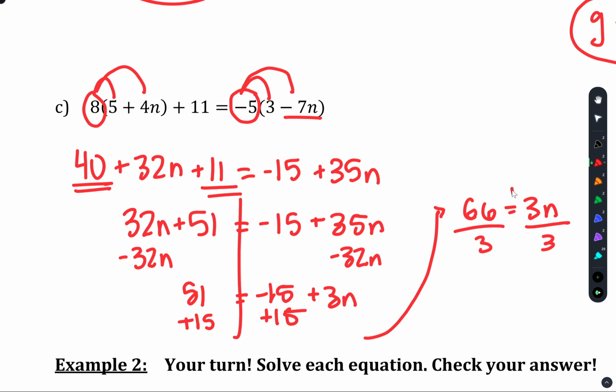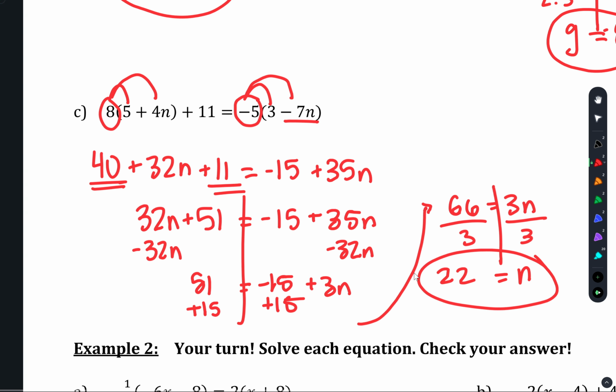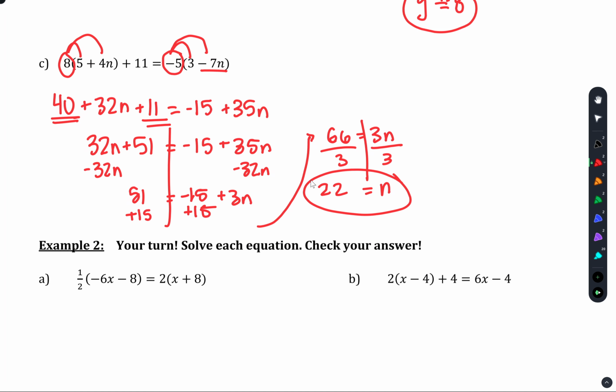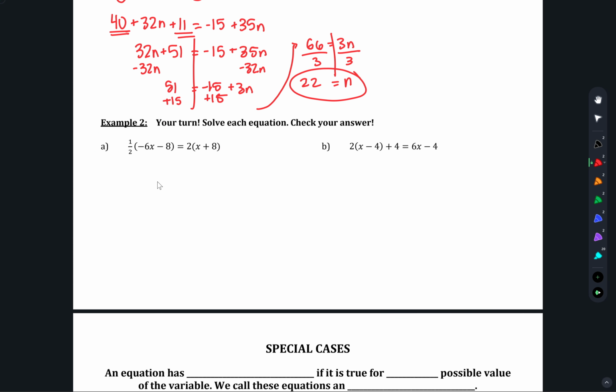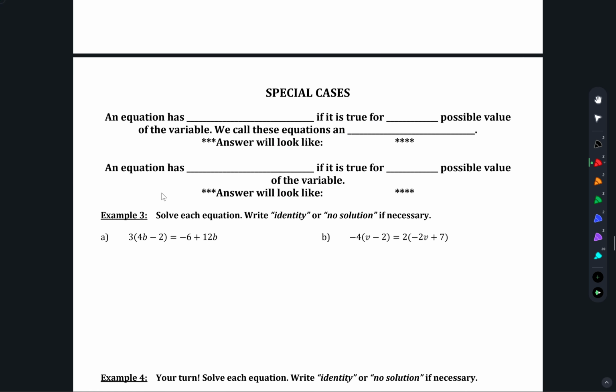Divide both sides by 3. 22 equals n. Questions on this? I feel like we're getting a really good grip on this, so if I have your permission, I'm going to skip these next few on this page. We're good with that? Nobody has any problems with that? Wow, what a shocker. All right, turn it over.